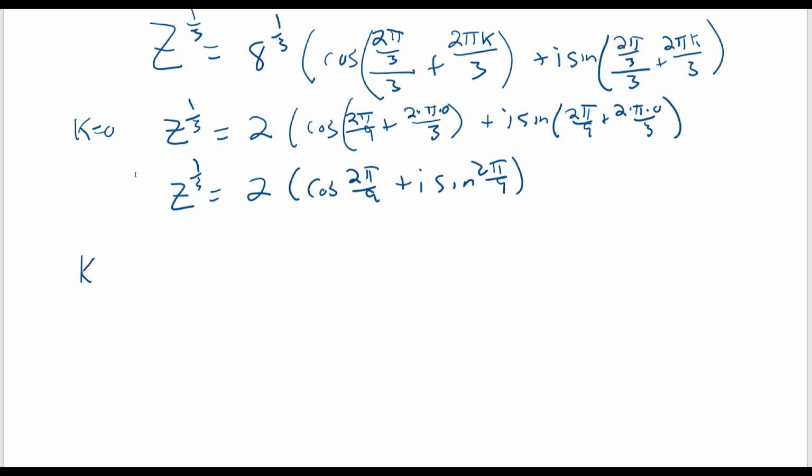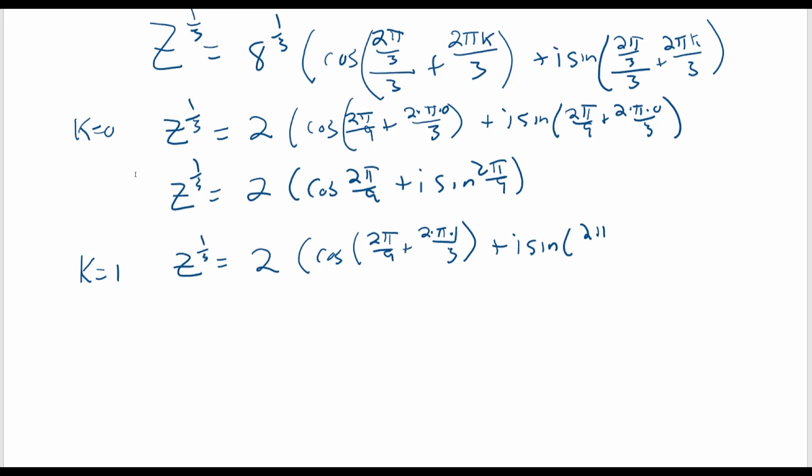we have k equals 1. We have z to the 1/3 is going to be 2 times cosine of 2 pi over 9 plus 2 times pi times 1 over 3, plus i sine of 2 pi over 9 plus 2 times pi times 1 over 3.